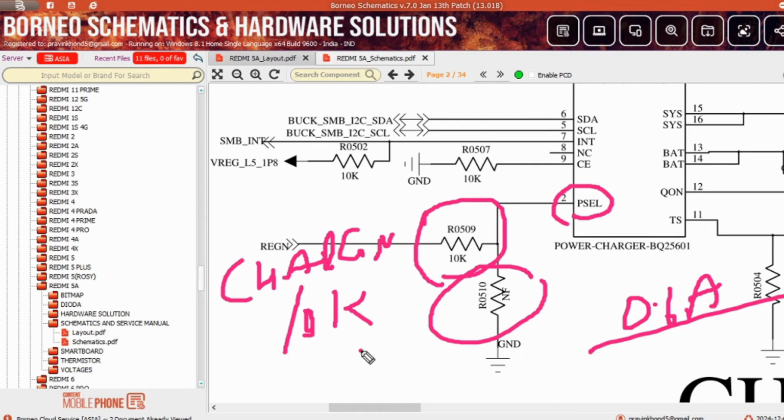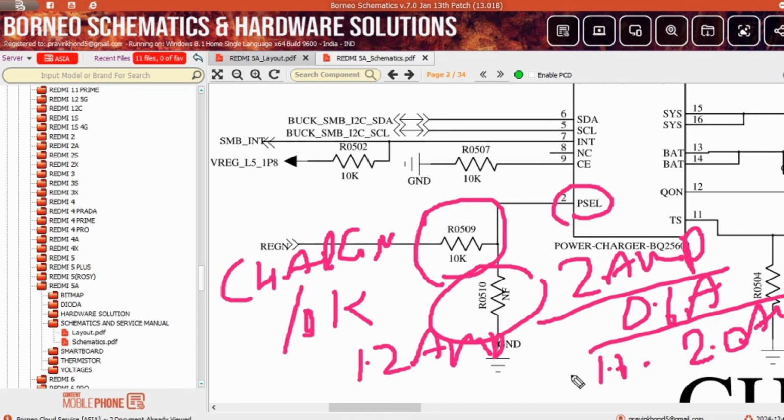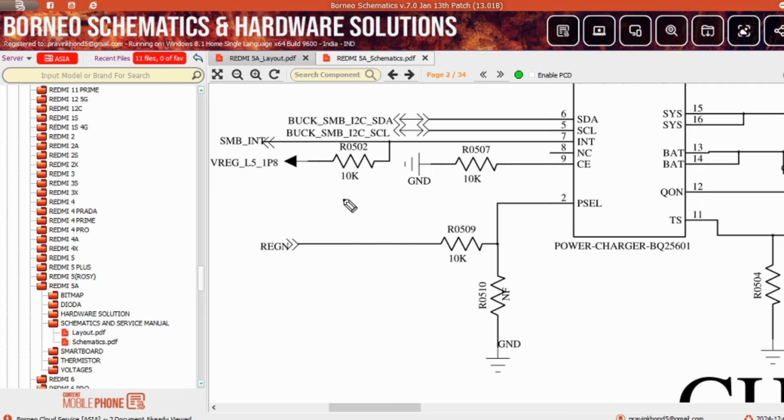But to enable fast charging, from 1.2 ampere to 1.6 or 2 ampere charge, this line must be okay. If this power source selection line is okay, your IC will enable fast charging, because this IC, PQ25601, is a 2 ampere IC. Clear? Now next you can see here pin number 5 and 6.